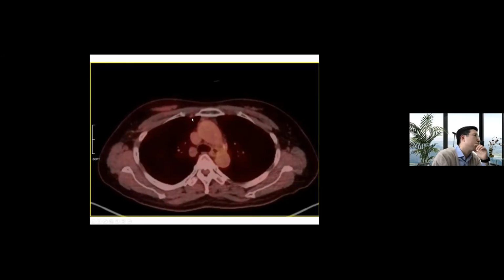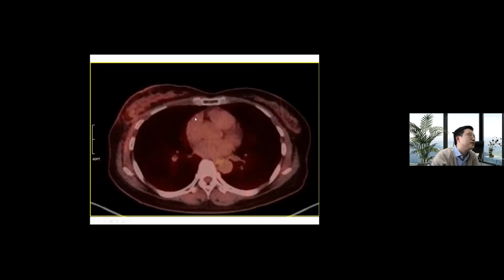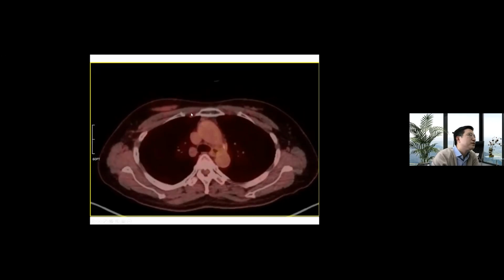it would be more clear with the CT scan, but according to this transaxial imaging, I'm not sure if it's an enlarged lymph node or not. So I think it is necessary to first see if there is an enlarged lymph node or not, and then check the SUV uptake of that.